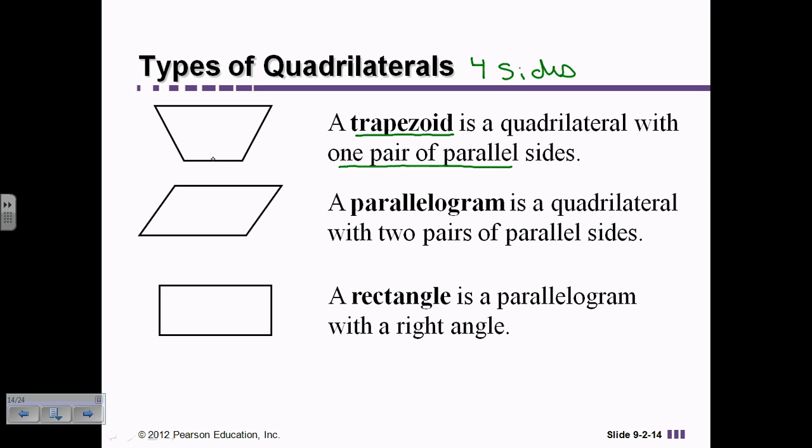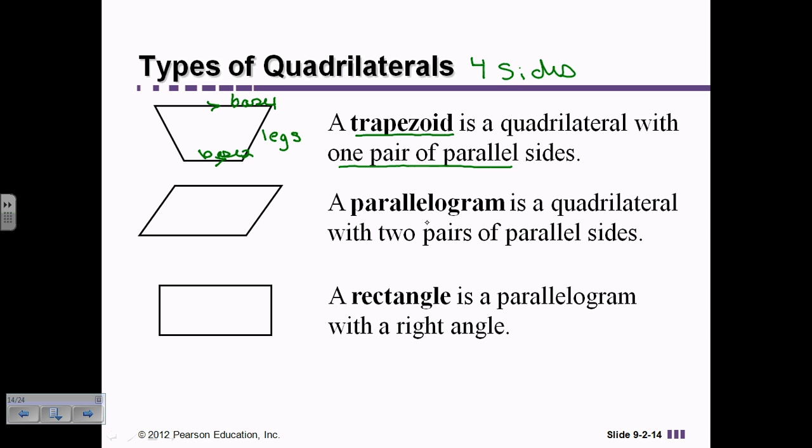So parallel means that they do not touch each other. So this side is parallel to this side. And these two sides are not parallel. These are called the legs. And these are called the bases. So we have base 1 and base 2, and it doesn't matter which one's the first one, which one's the second one. And then these are called the legs of the trapezoid.